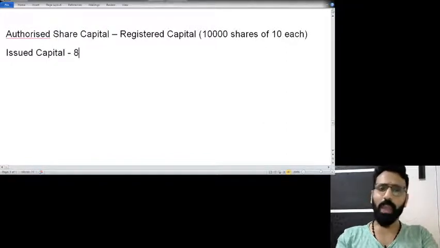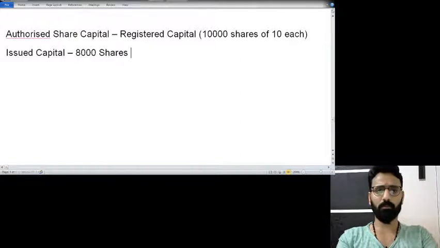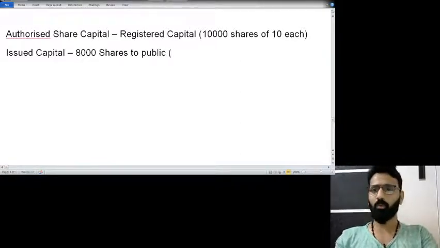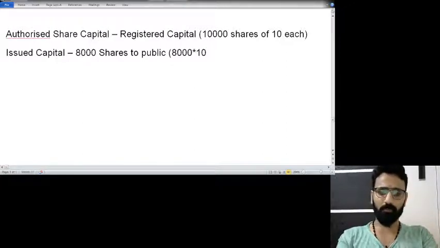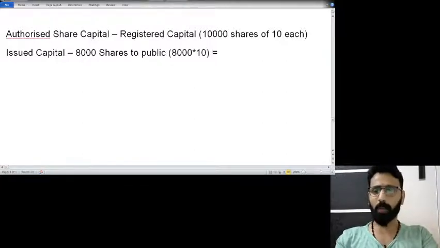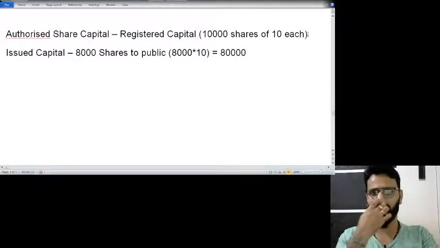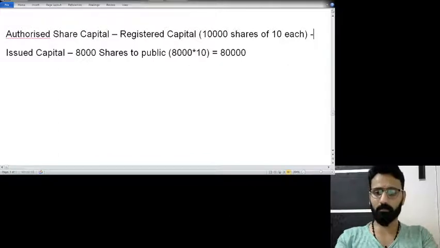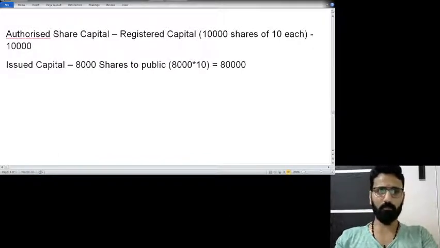Assume I issued 8,000 shares to public for subscription. Now, what is my issued capital? 8,000 into 10. So, my issued capital is only 80,000, whereas my authorized capital is 1 lakh.